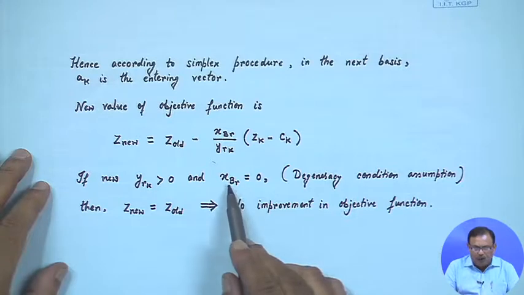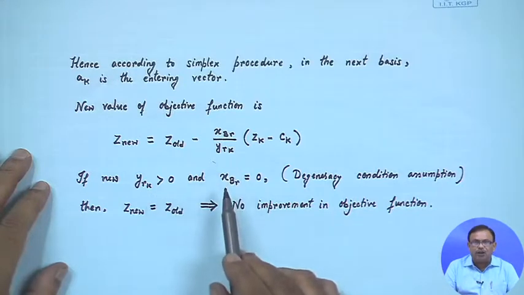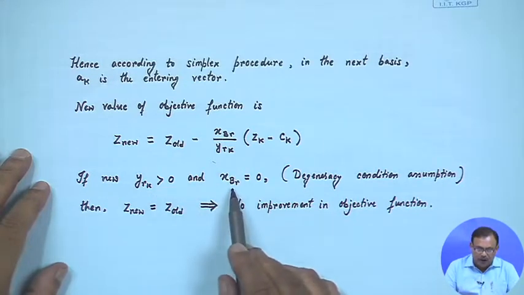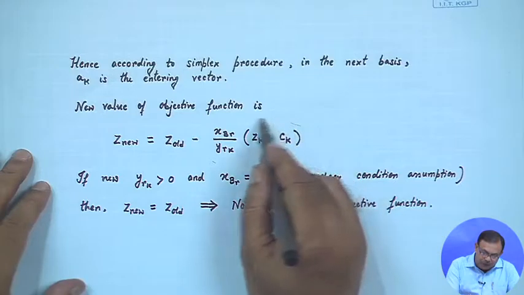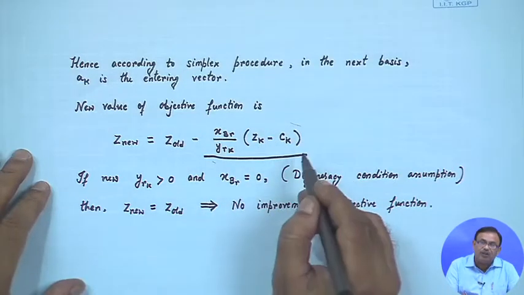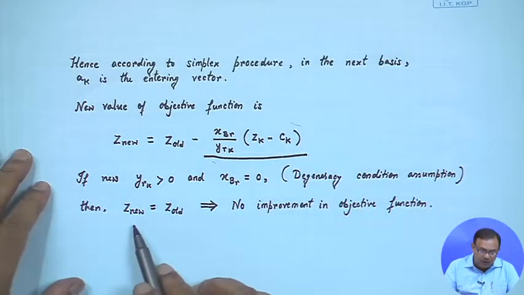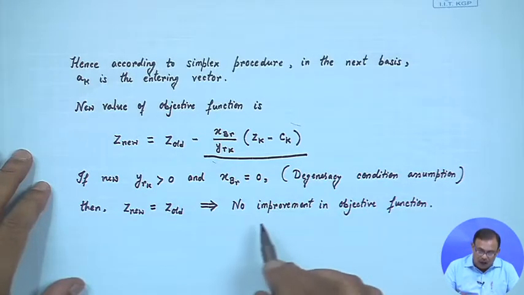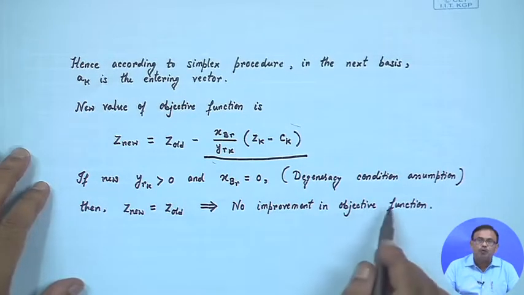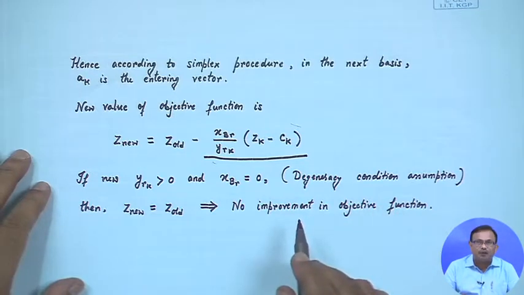So, yrk has to be greater than 0 and xBr is 0. Whenever xBr is 0, this term vanishes. Therefore, Z new is equal to Z old, or in other words, no improvement in the objective function.